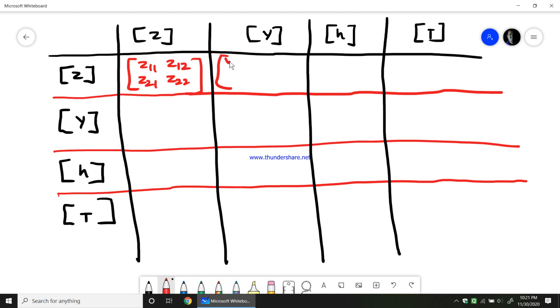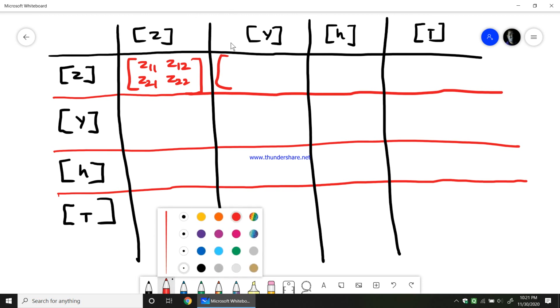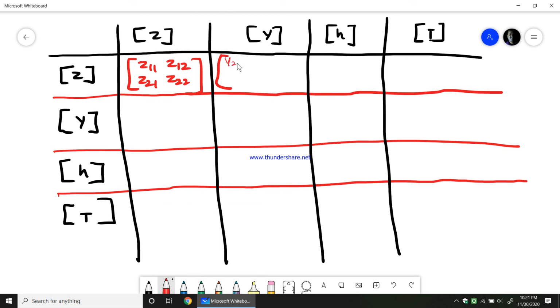Y22 by delta Y. Then similarly Y12 is minus Y12 by delta Y.